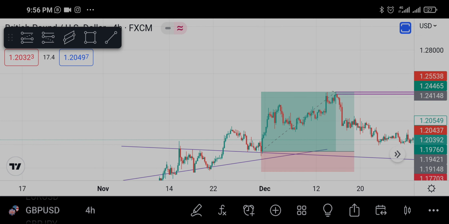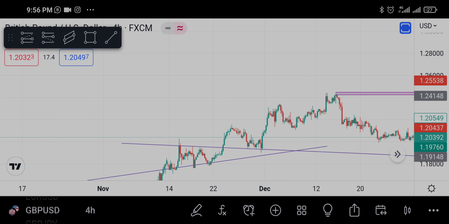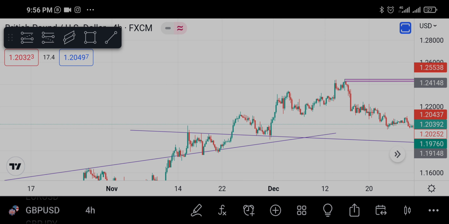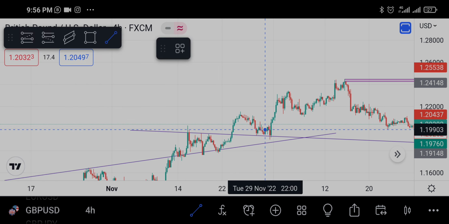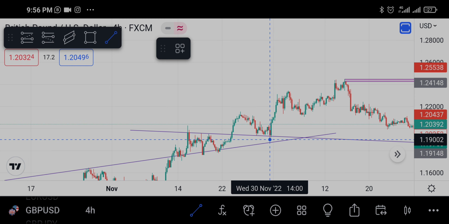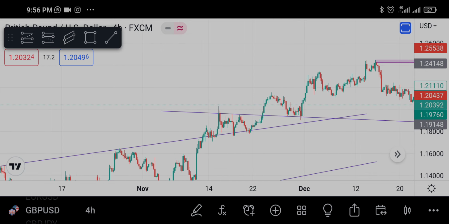Now let me even draw another one here. Having seen this, I can even draw another trend line here, like this.